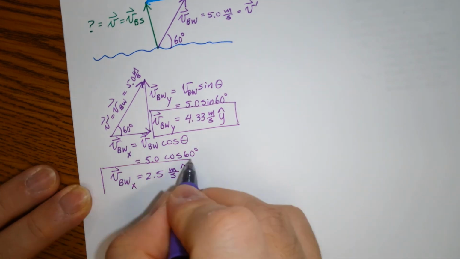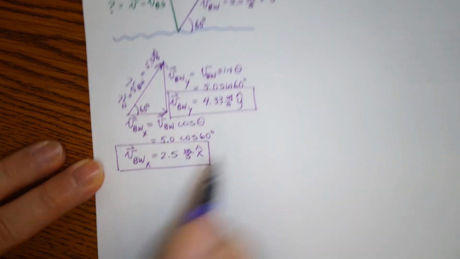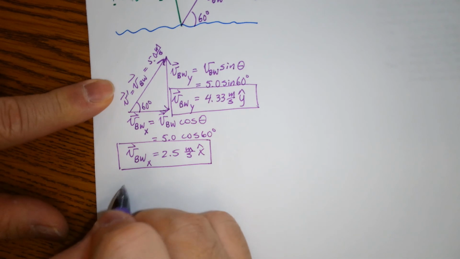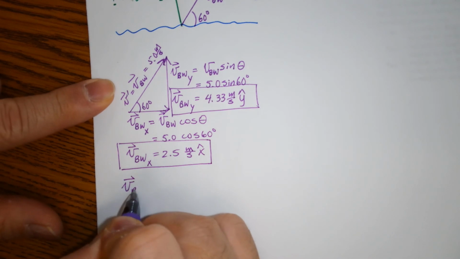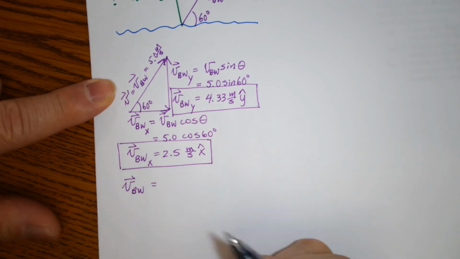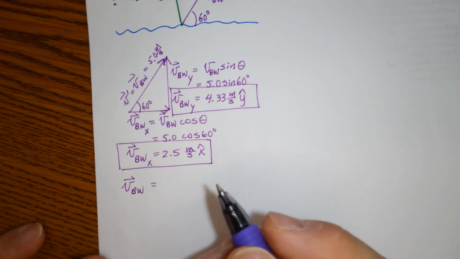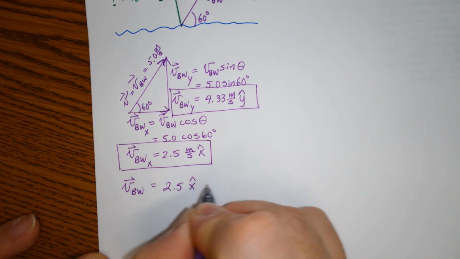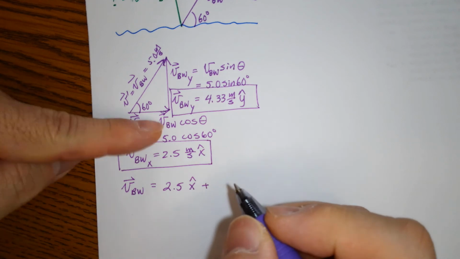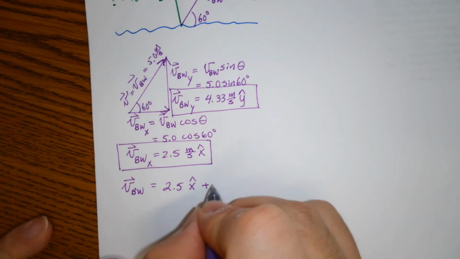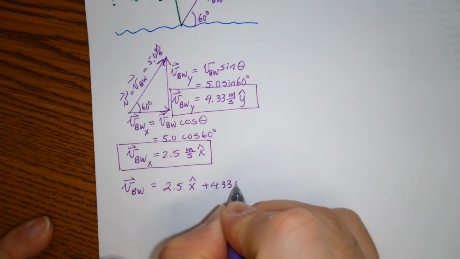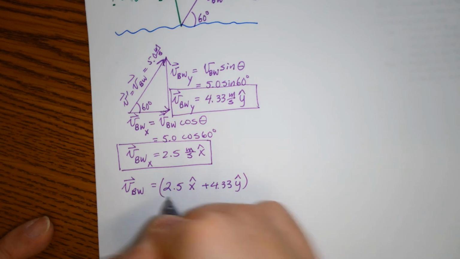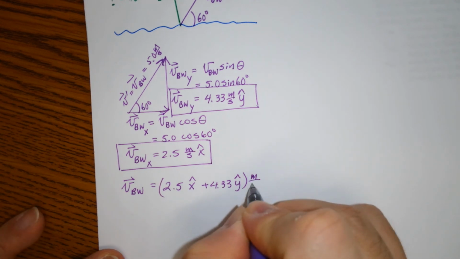So now we have our VBW in Cartesian form, and that is equal to 2.5 x hat plus positive 4.33 y hat meters per second.